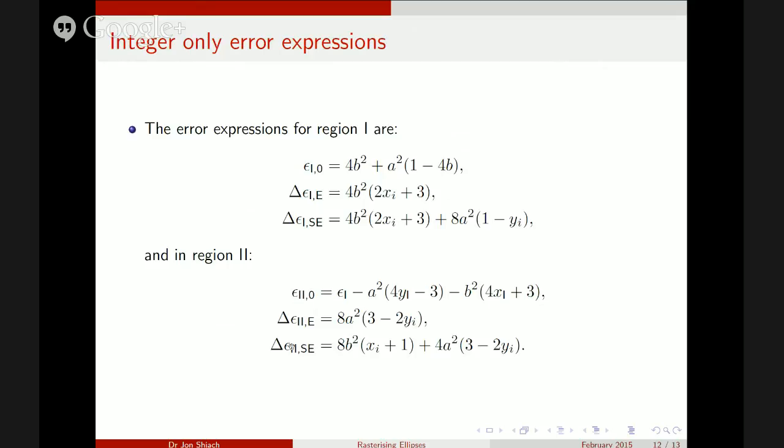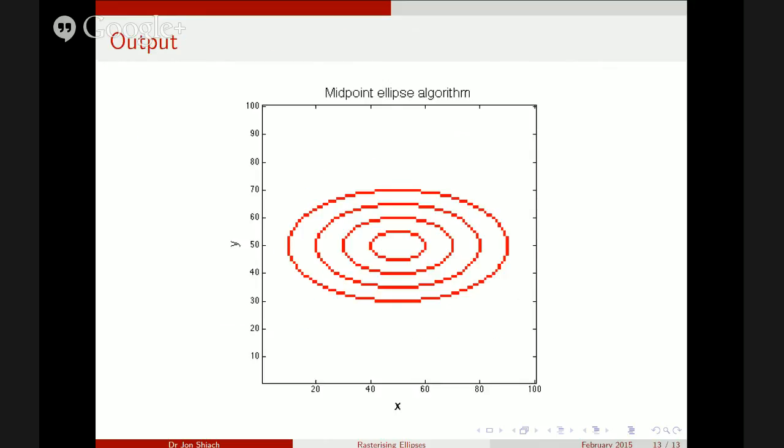When we get to region 2, our new initialized error is our error for region 1 with this applied, and then we change the errors there. So it is more complicated, but these are only integers. We're not messing about with real numbers anywhere. And that's the output. That's what you get.